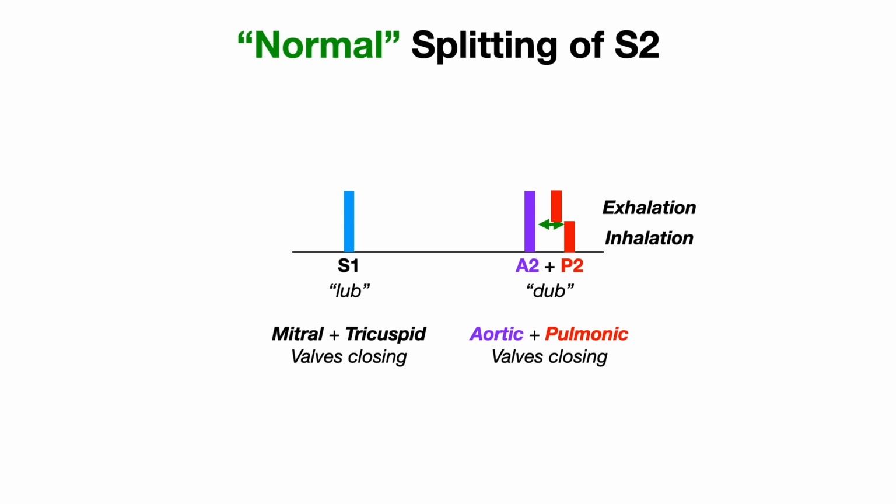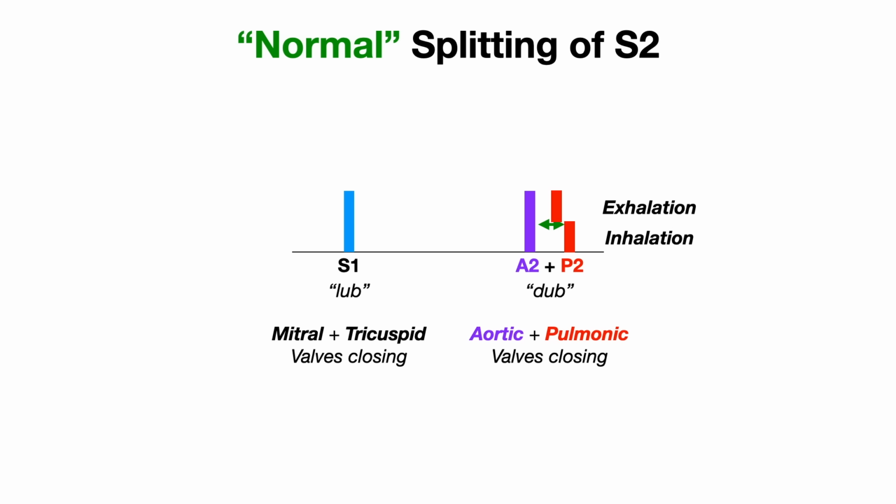So when we look at this graphically, we'll see the lub, which is your S1, and then we'll see the dub. And we're splitting the dub into the aortic and pulmonic valves closing separately. Again, and I'm summarizing here to really drive this home, when you take a breath in, more blood goes to the right ventricle, which means more blood flows over the pulmonic valve, which means the pulmonic valve takes longer in milliseconds to close.